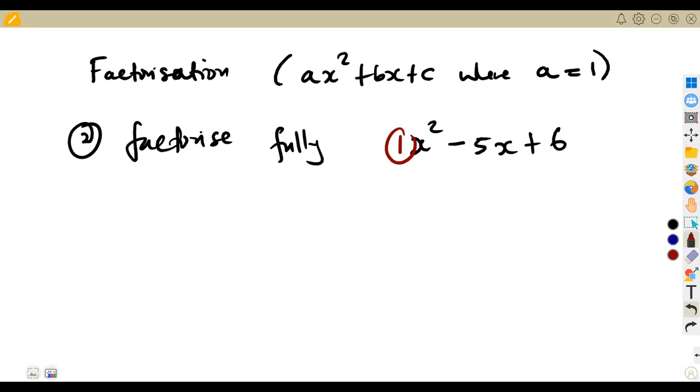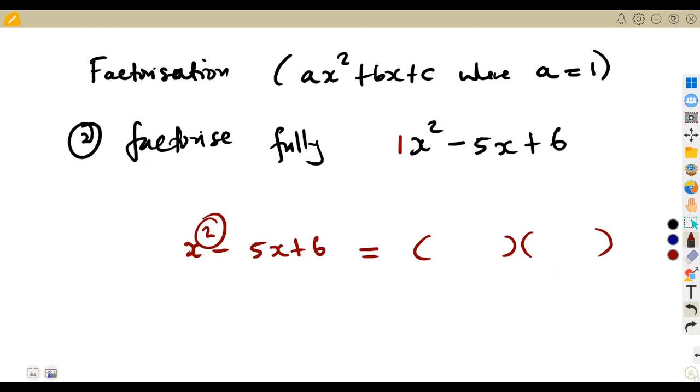Like I said, once you have this condition, try by all means to simply factorize directly. X squared minus 5x plus 6 is going to give us two brackets. That's what we know, we've got a quadratic, so we're going to have two brackets at the end. The coefficient of x squared is a 1, so we're multiplying x and another x to get this x squared.